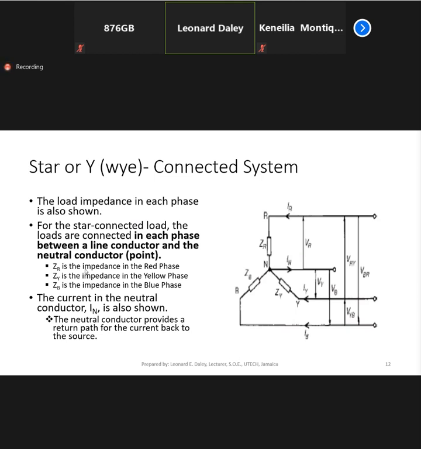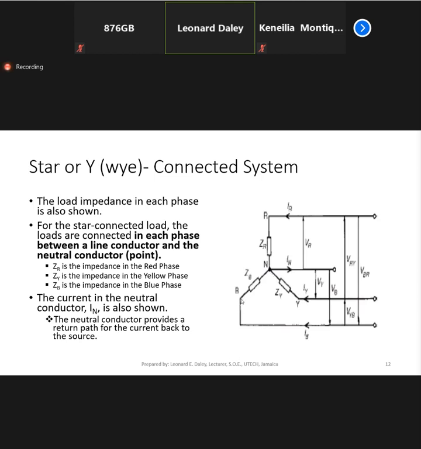And these impedances, ZR, is connected between the red line terminal and the neutral, right? So this would be your red phase. This would be your yellow phase. So between this terminal for the yellow line and the neutral, that will be your yellow phase.